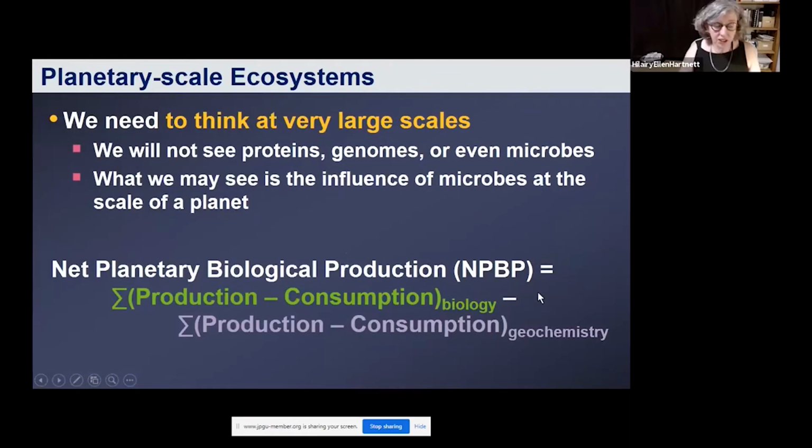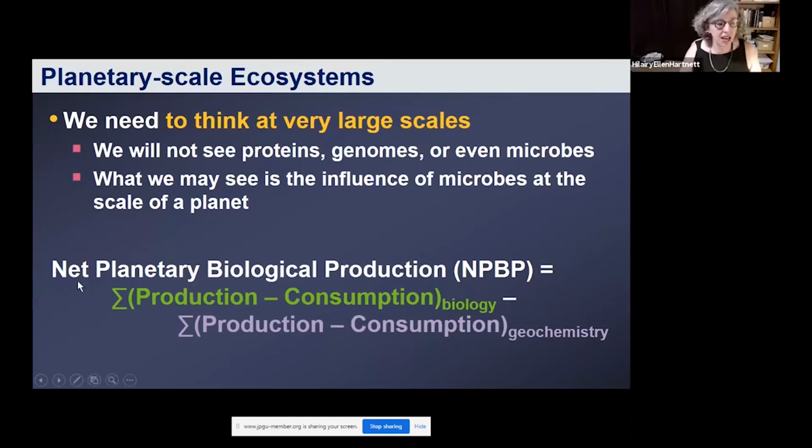At this really large scale, we won't see the ecosystem. We won't see trees. We won't see a protein or a microbe. What we may see is the influence of a microbe or lots of microbes, but only if the biological processes are happening at a rate that's fast enough to give you a signal larger than the geochemical rate.